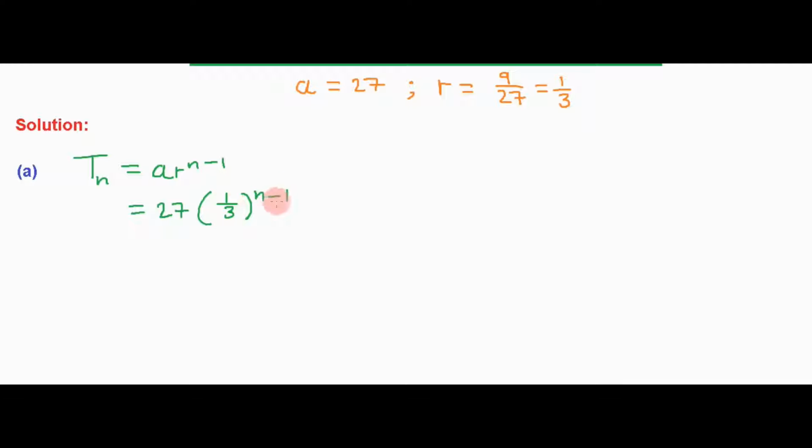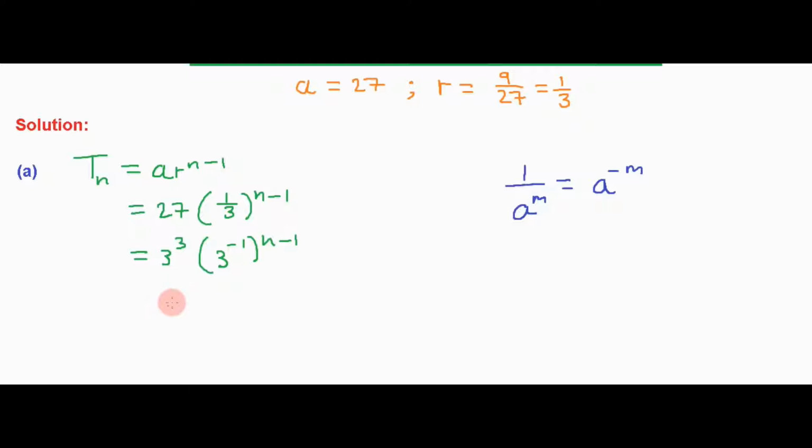We can simplify this. 27 we can write as 3 cubed using prime factors. And a third we can write as 3 to the negative 1 using the rules of exponents. Of course, here we are using the rule 1 over a to the m equals a to the negative m.